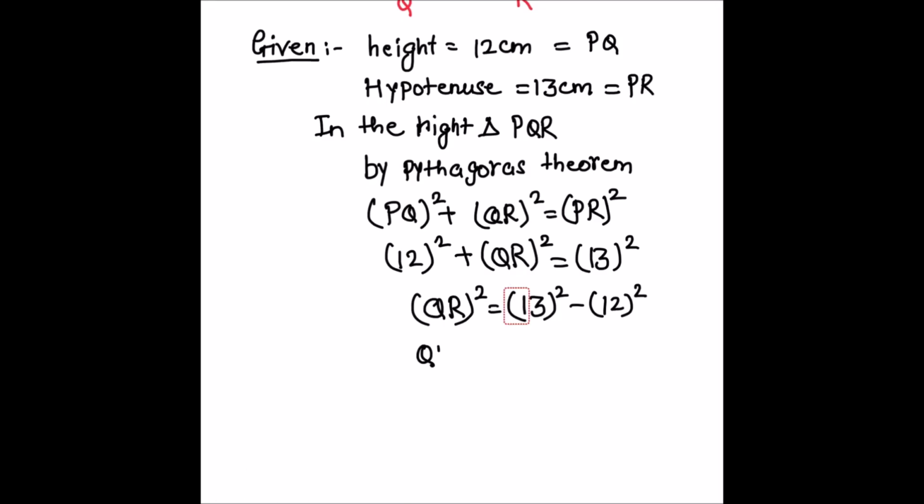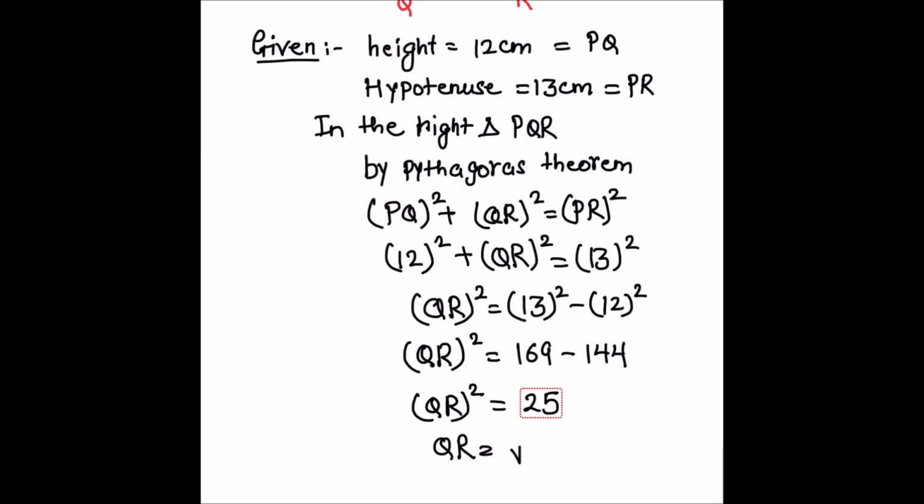So this will be QR square equals 13 square is 169 and 12 square is 144. So 169 minus 144 is 25. So QR square is 25, or QR will be square root of 25, which is 5.